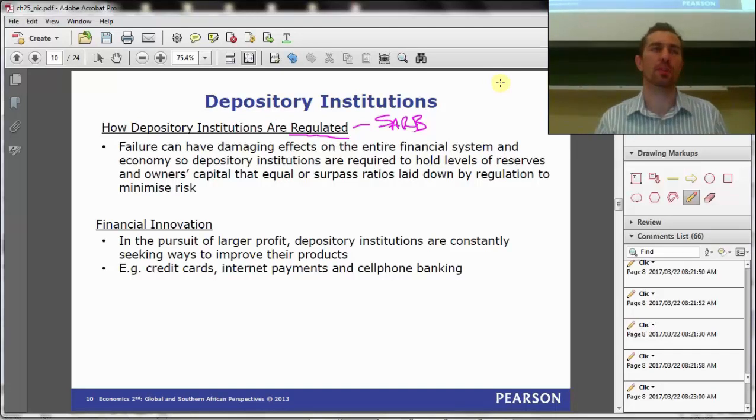The other type of insurance, however, is deposit insurance. In South Africa, we don't officially have deposit insurance. There are discussions at the Reserve Bank currently about whether we should have it. There are certainly some benefits to deposit insurance, and there are also some negative issues.